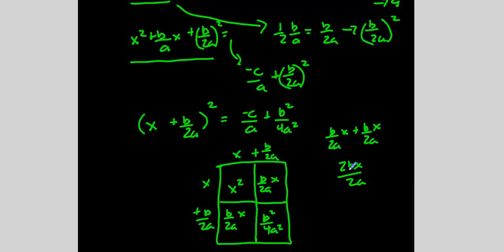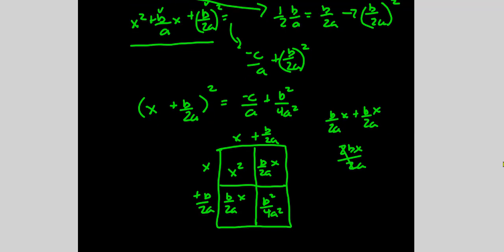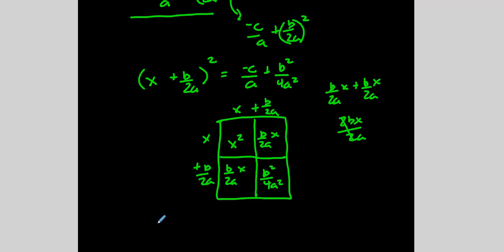My common denominator is 2a. The 2's cancel, so I'm left with b over a times x, which is what I had here. And b squared over 4a squared is in fact this. So we just demonstrated that in fact when we factor this like this, we get this. So we're good for now on the left side.